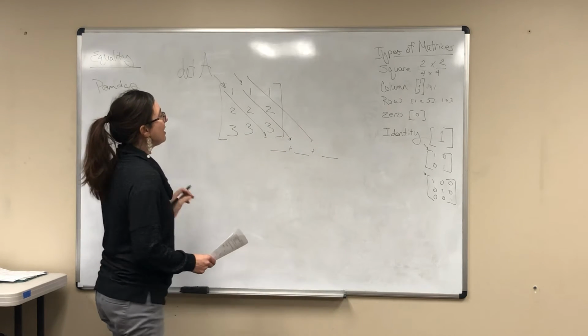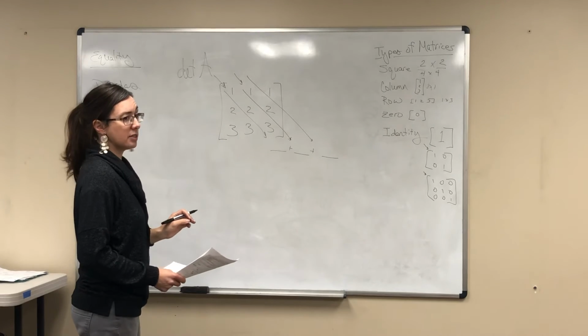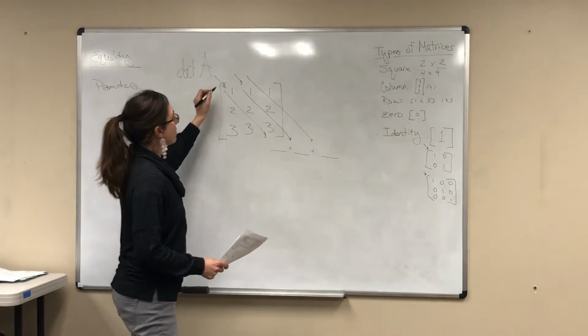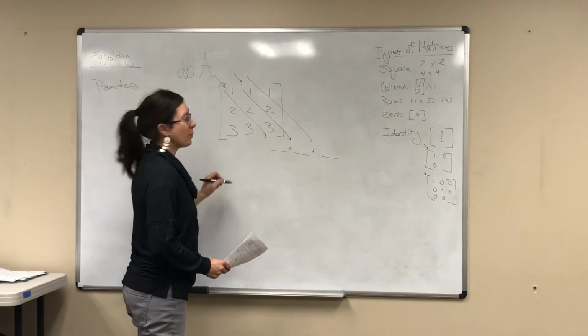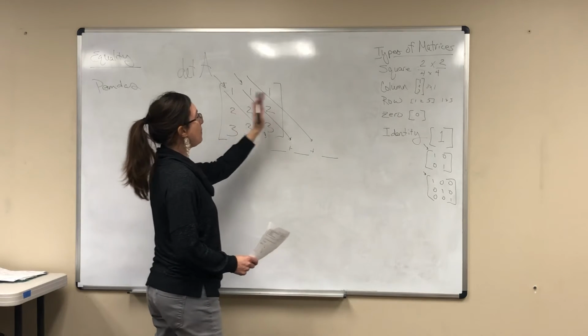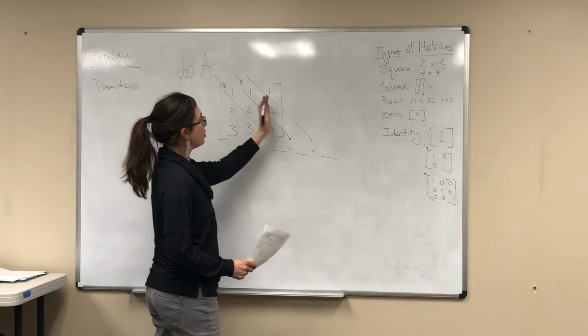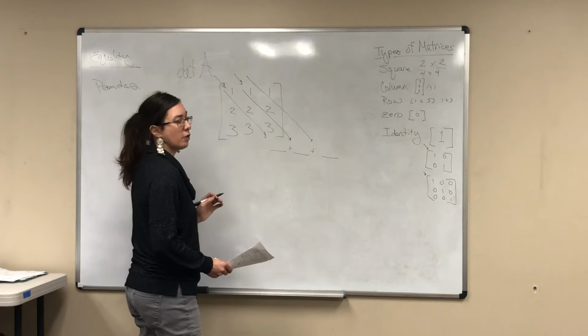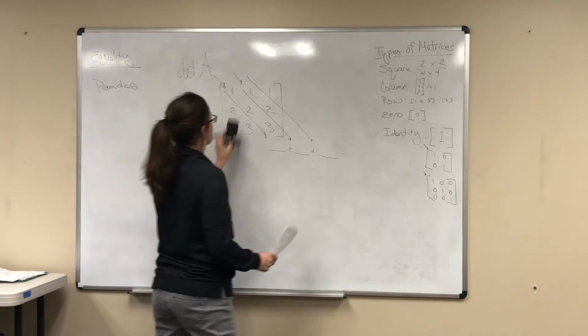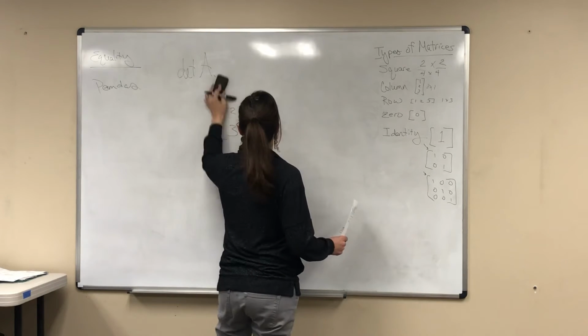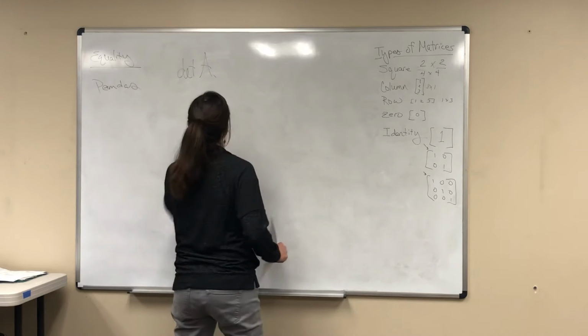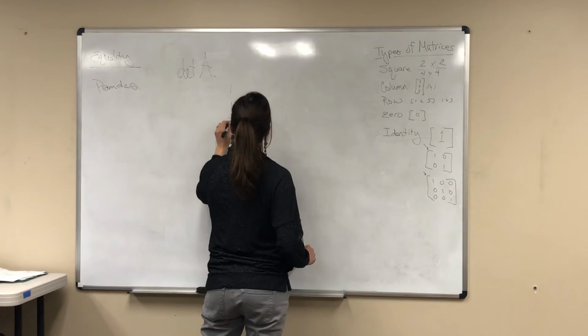The easiest way to do this, so that you're not having to jump around, is to repeat your first two columns on the outside of your matrix. All right, so let me rewrite that with different numbers. What did we do? 1, 1, 1.